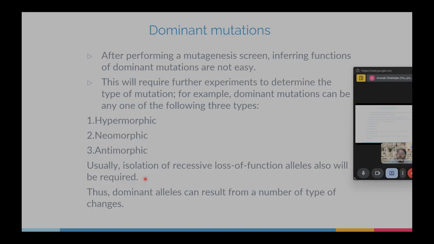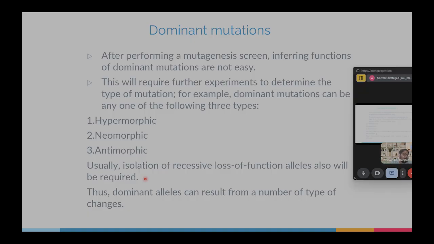Not let60, which we saw earlier. An example for this could be the tau protein. In multiple mental disorders such as Alzheimer's, the tau protein normally helps in transport of cargo from one end of the cell to the other end.